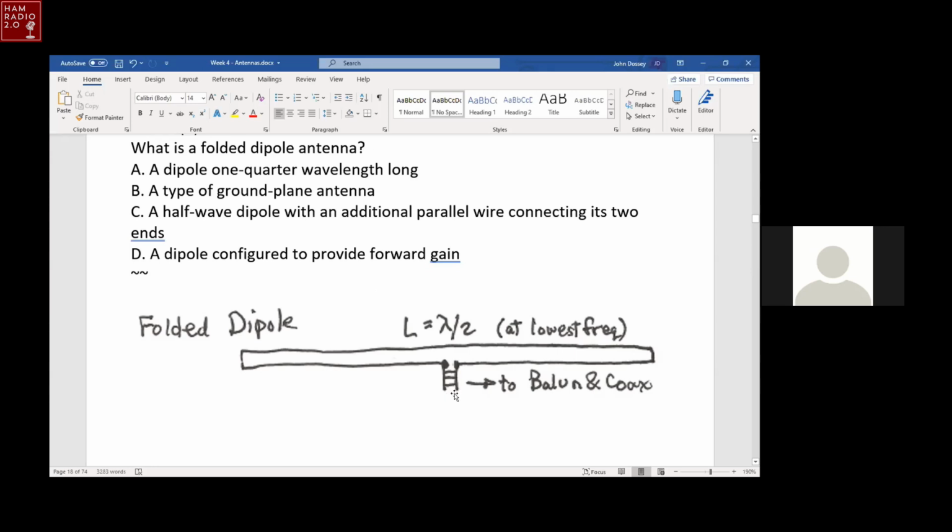And ladder line is very useful. If you wanted to take it to a coax, you'll need a balun for it to work right. Otherwise, the impedance and the antenna pattern is going to be messed up by putting the ground of the coax to one wire and the center coax to the other. You need a balun to make this work right.